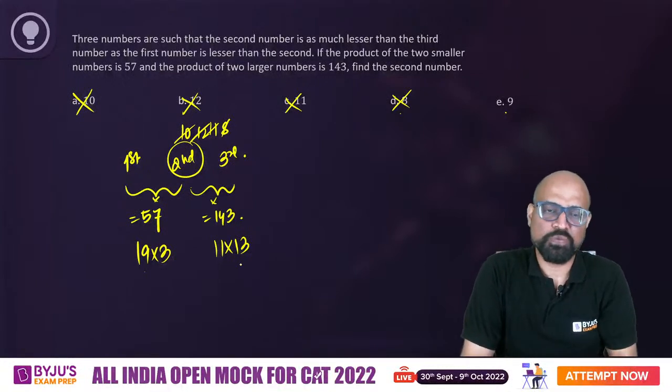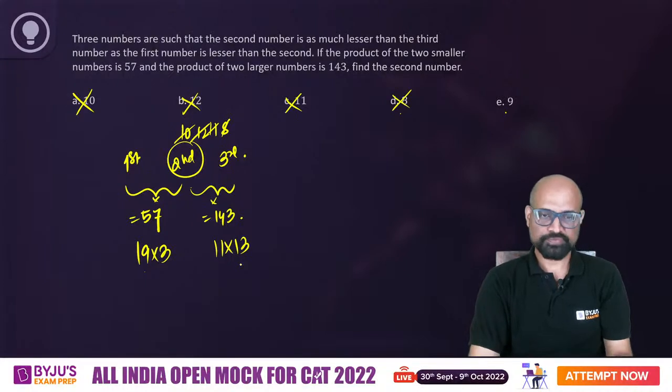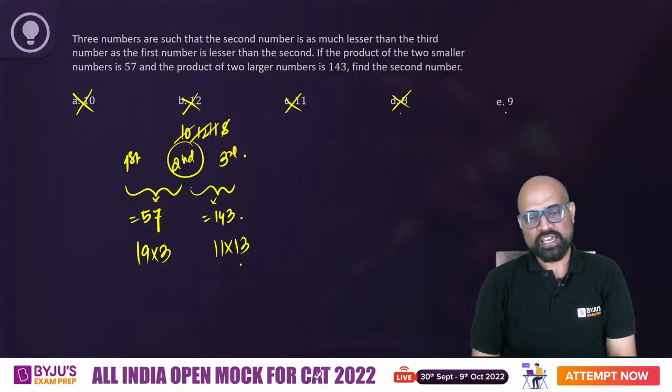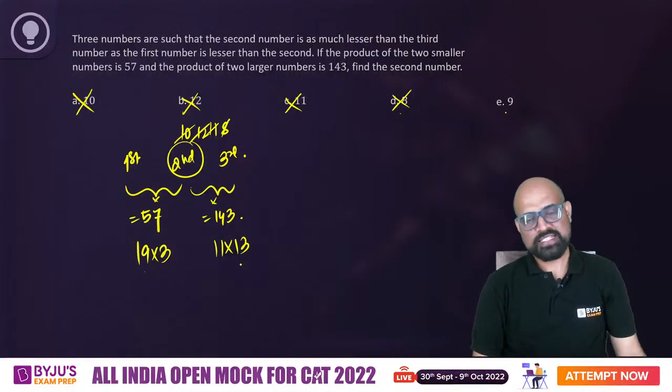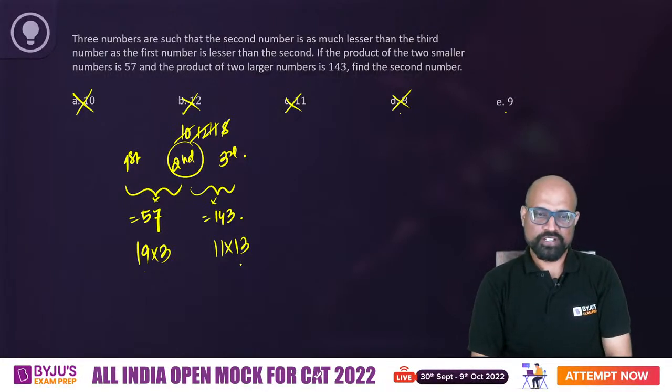Because second should be in the table of both of these. Okay, so either there is some problem with the values. Second number. Let me just think about it for a minute. Let me think.